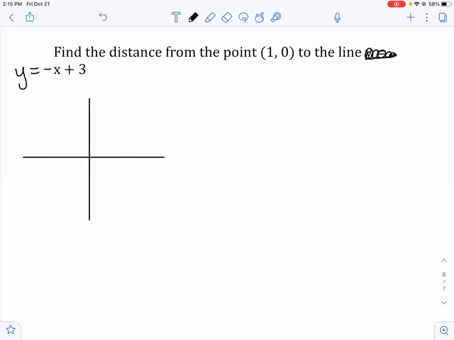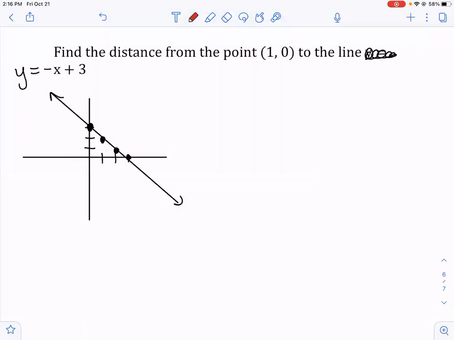Okay, but when you took notes on Wednesday, what needed to be true about the segment? It has to be perpendicular. Okay, so here is the line that I've given you.